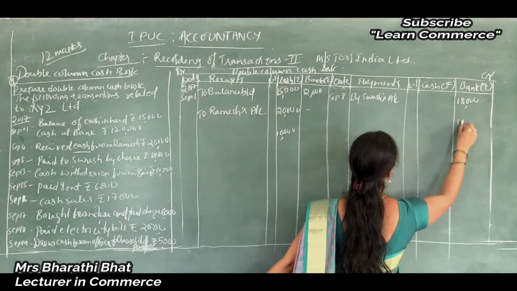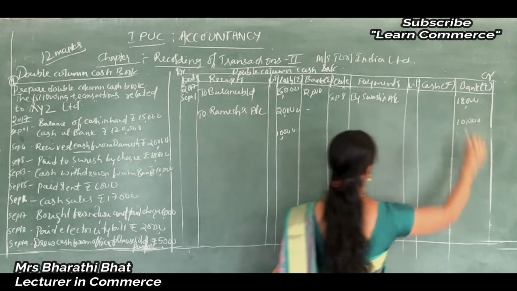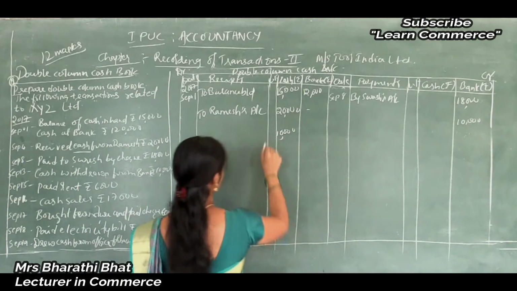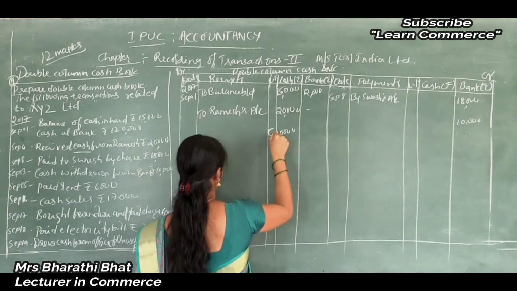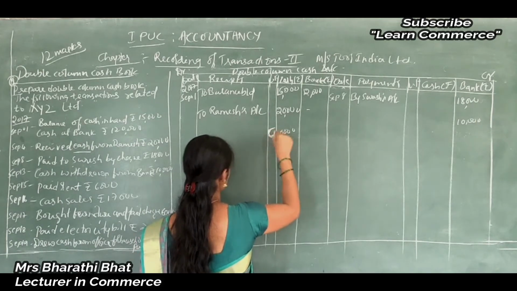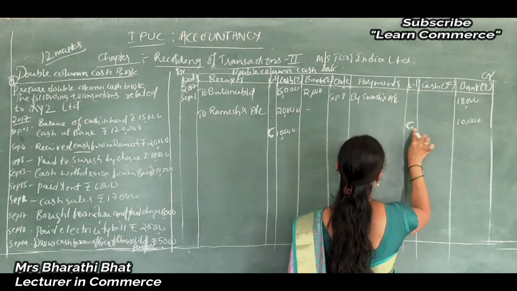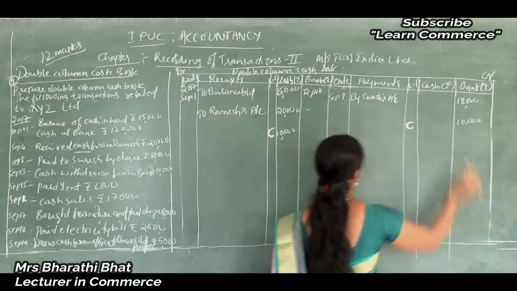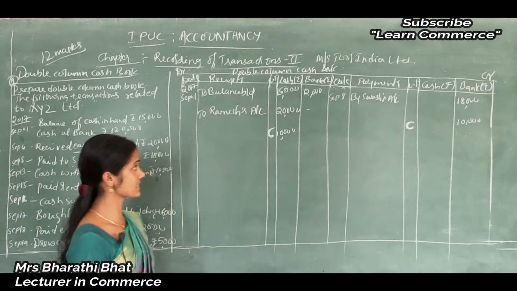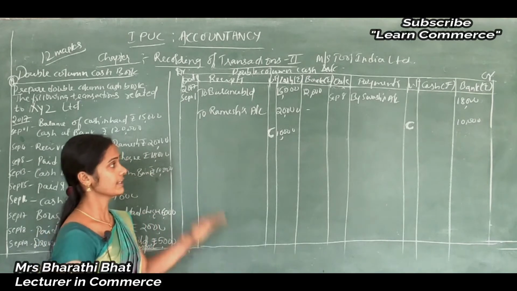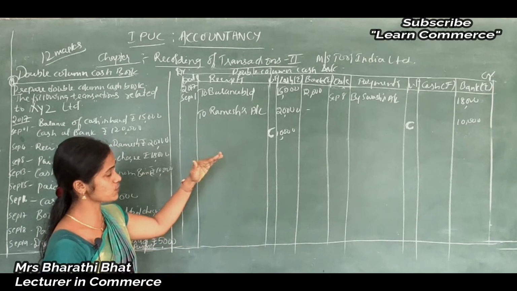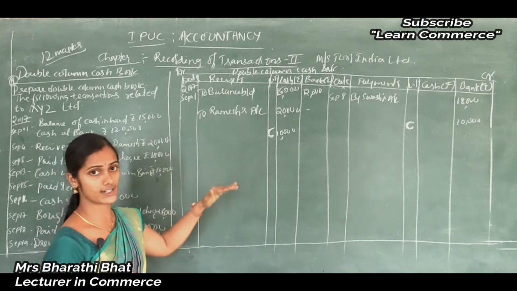So 10,000 under the bank column, and immediately write the letter C in the LF column in front of the amount. That C, what is that? That is a contra entry.